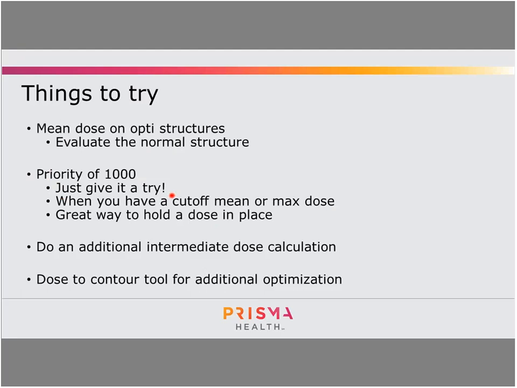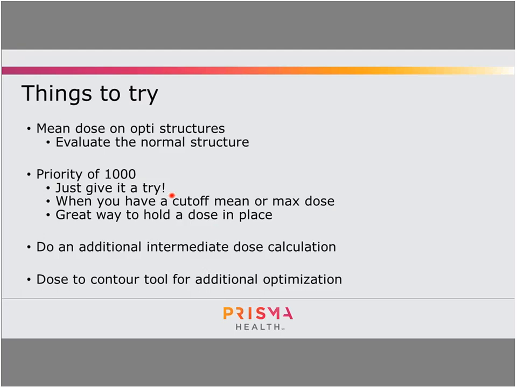So it's kind of like a great placeholder. Or if you have a parotid mean dose and you're happy with what it is, say you want to keep it below 20 gray and you have it there, you could put a mean constraint at 20 gray, set a priority of 1,000, and then just kind of leave it alone. I mean, you still need to evaluate it, of course, things can happen, but it's a great way to hold doses and even for coverage.